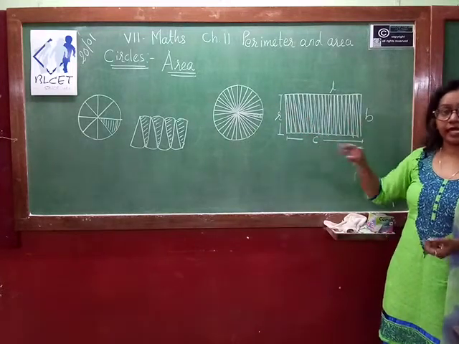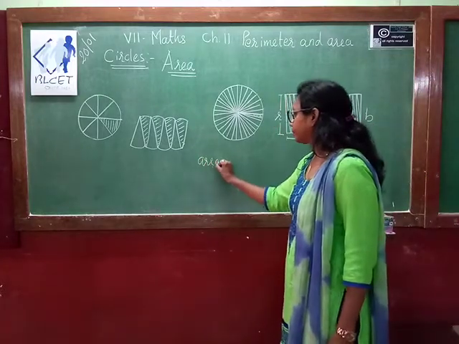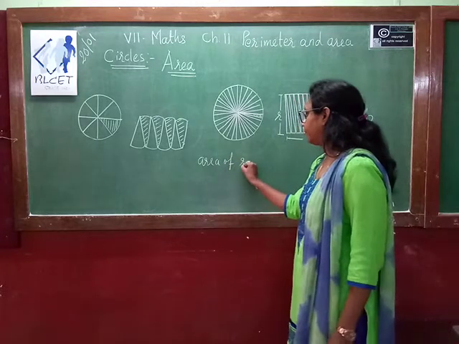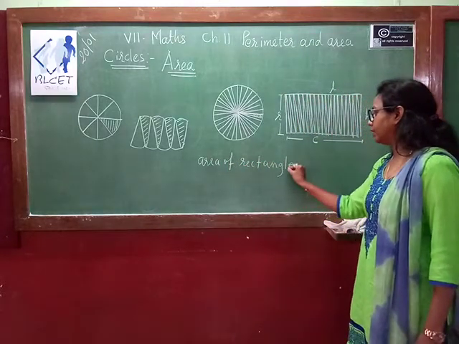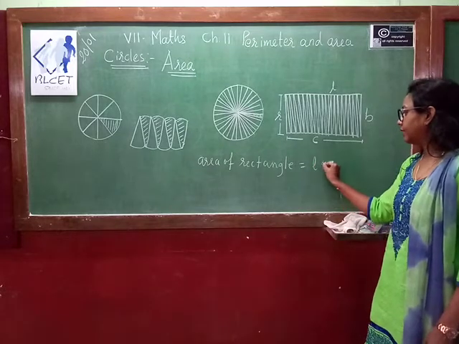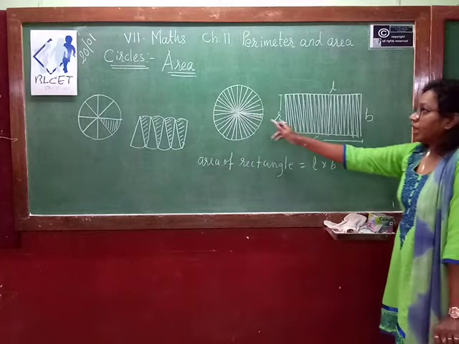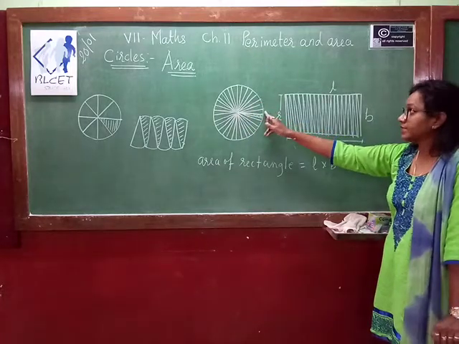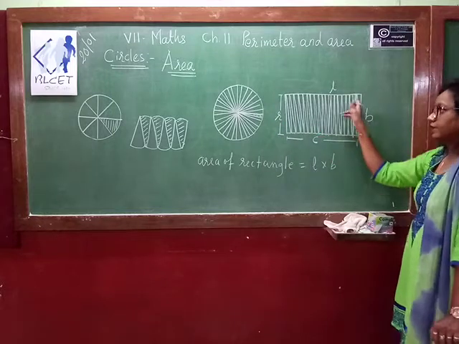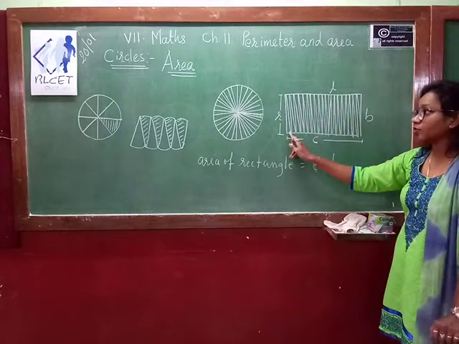So this way when you cut this circle, you are getting this kind of arrangement, and this is in the shape of a rectangle. And we know that area of rectangle is equal to length into breadth. But here, when you cut the whole circle into equal parts and arrange them in this shape, the breadth of the rectangle is what?